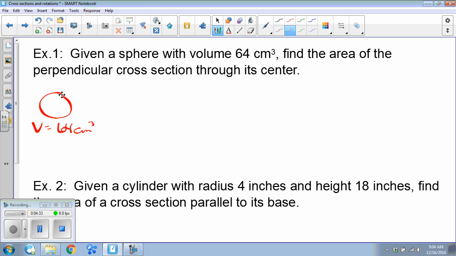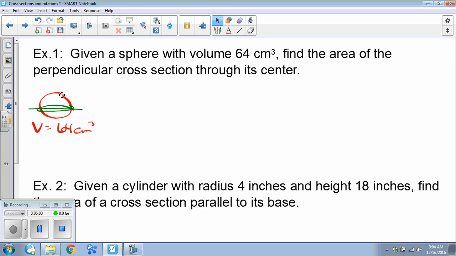Now, it doesn't matter how I slice this sphere, what's the shape of the cross section? A circle, right? Doesn't matter how I do it. So it's gonna be another circle. The only thing I need to find the area of that circle is the radius. Now, they didn't give us the radius, but they have to give you a way to find it. And so, volume equals 64 cubic centimeters.